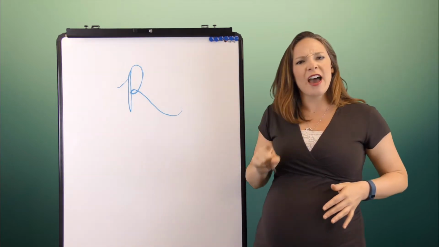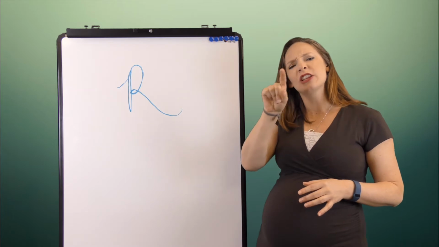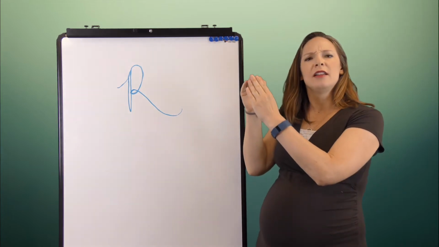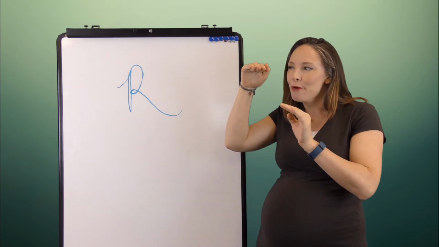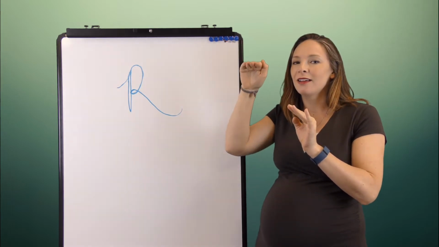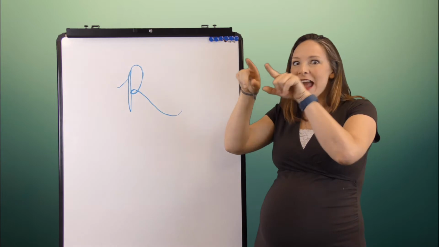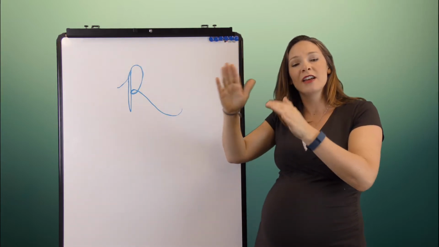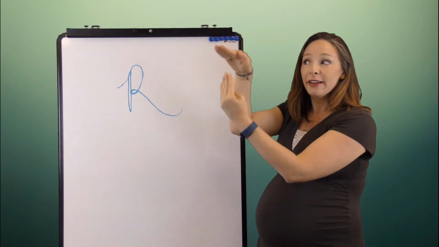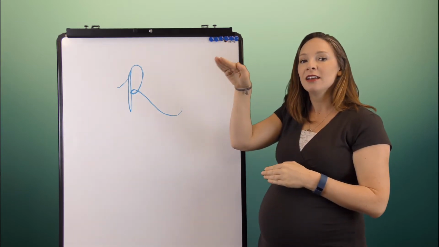So start with the L. Have the tip of your tongue touching the back of your teeth. Okay. Now, take your tongue, move it back. And then have the sides of your tongue touching the sides of your teeth. So move the L from the tip to the R.